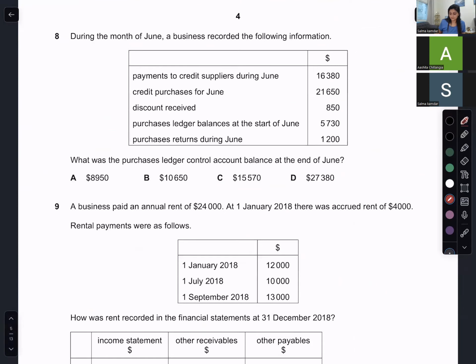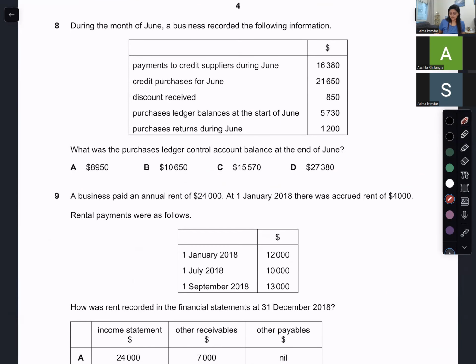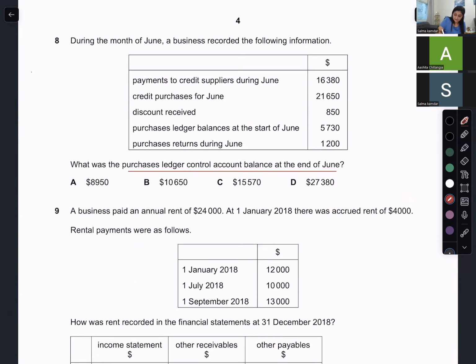During the month of June, a business recorded the following information. Payments to credit suppliers during June. Oh, you have to make a PLCA. Come on, tell me. Starting is 5,730, so this will be on the credit side.